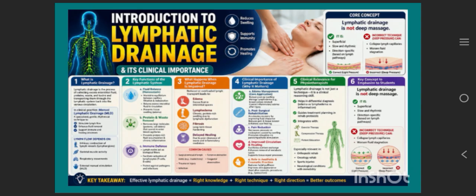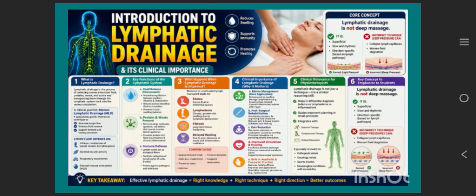The fifth clinical importance of lymphatic drainage is its role in aesthetic and cosmetic practice. What is its role? Firstly, it reduces facial puffiness. Secondly, it improves skin appearance.